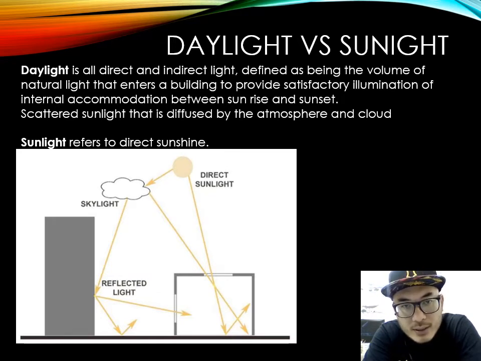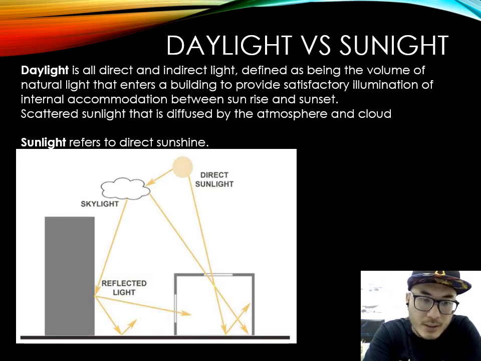You can see examples of refractions coming from the skylight, which is cloud, and also reflections from the buildings or other external material that is reflected and then enters into a building. These refracted and reflected lights are the daylight.